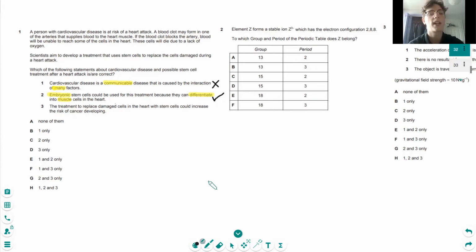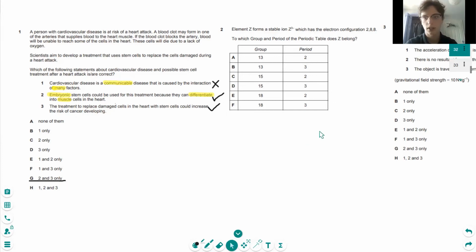Cancer can occur when any cells divide, but it is more likely to occur after stem cell treatment because those embryonic stem cells are replicating very, very rapidly, and it means that those G2 checkpoints that you learn about in your first year of A-level aren't as effective at detecting DNA damage and decreasing the risk of cancer. So this also is a valid conclusion. And so the answer for this question would be 2 and 3 are correct, therefore it will be G.